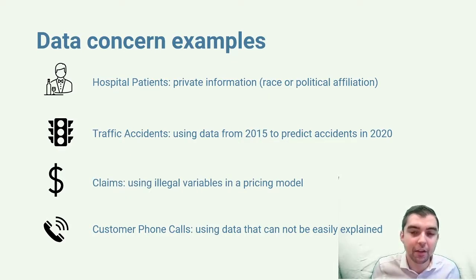Traffic accidents that use data from 2015 to predict accidents in 2020. That's too much time between when the data was collected and when it will be used. Insurance claims that use illegal variables in a pricing model, or customer phone calls using data that can't easily be explained.